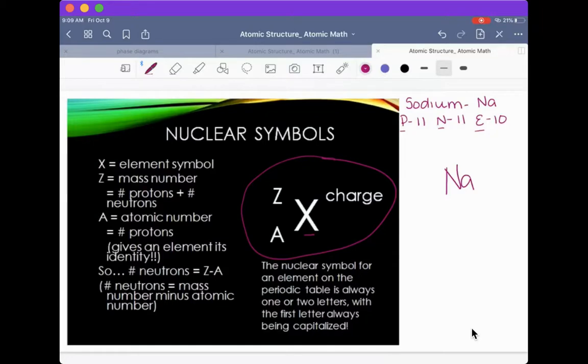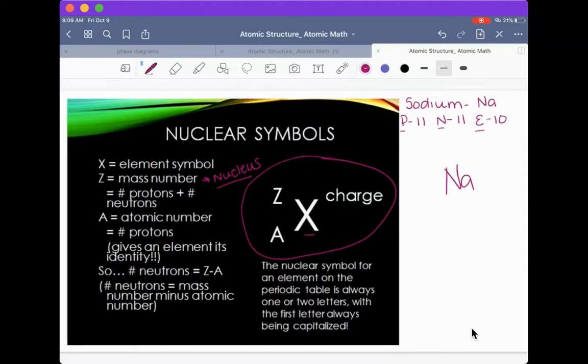So to find mass number, all you are doing is adding the number of protons with the number of neutrons, because that is what is housed in the nucleus. So mass number is representing that weight of the nucleus. So only the things in the nucleus can be added to get the mass. Okay, so mass number is protons plus neutrons.